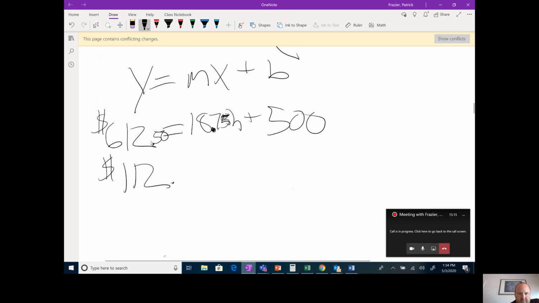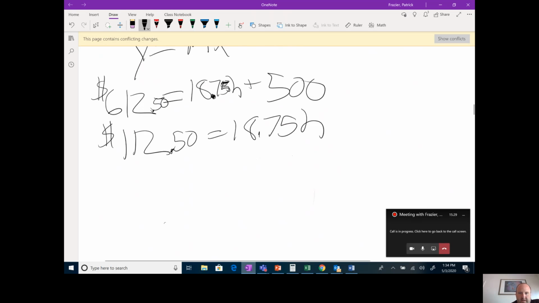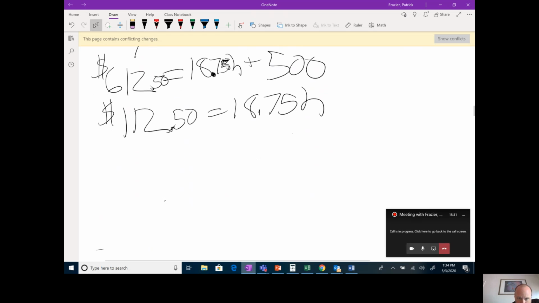So $612.50 minus 500 is $112.50 equal to 18.75 an hour. And then obviously at that point, we're just going to divide both sides by 18.75.